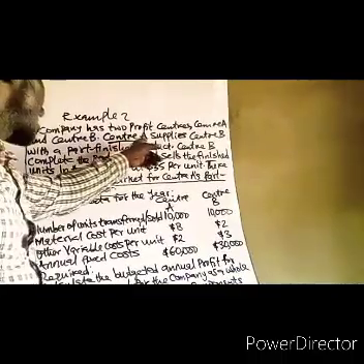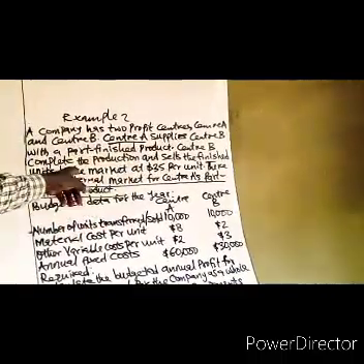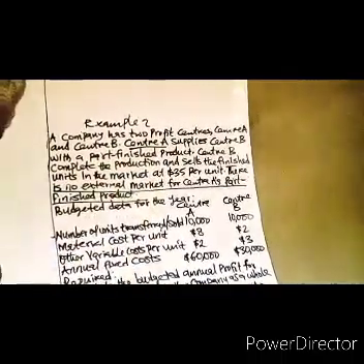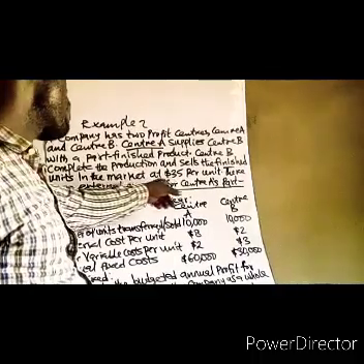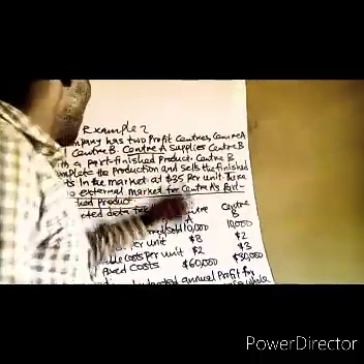Center B completes the production and sells the finished units in the market at $35 per unit. That's to show that center A is the selling division, while center B is the buying division. There is no external market for center A's part finished product.